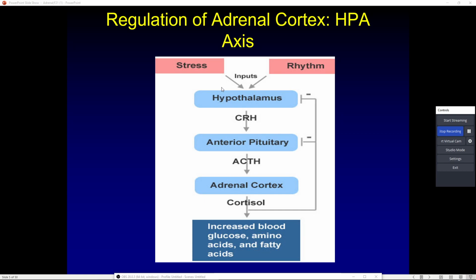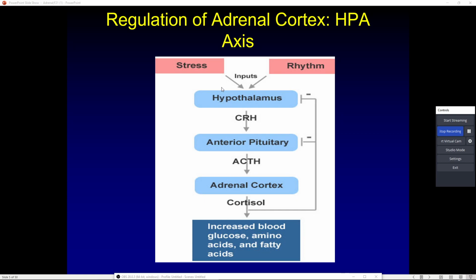Once again, green light, red light with the pituitary gland. The anterior pituitary gland releases ACTH. And then the adrenal gland goes, cool, I'll release cortisol, we'll increase our blood glucose, amino acids, and fatty acids. In the short term, perfect.